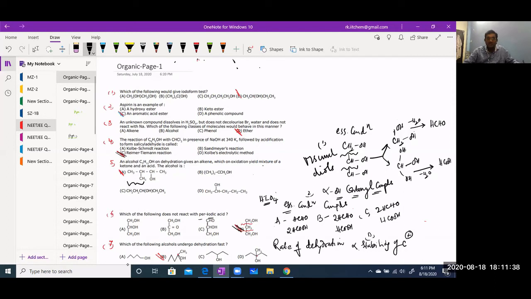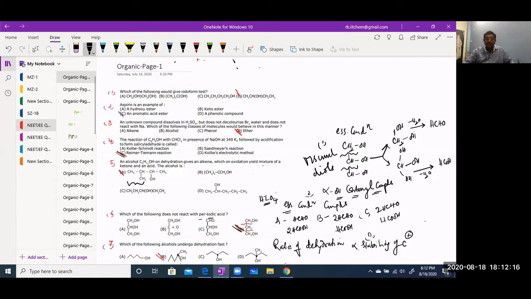Here we will see plus I effect with 3 carbons on this carbon, and also hyperconjugative effect, 6 hyperconjugative structures, and these 2 methyls give plus I effect, and propyl also gives plus I effect. See here, only plus I effect. You can't see hyperconjugative effect on this carbon here, right? Here you can see plus I effect of both ethyl groups and hyperconjugative effect.